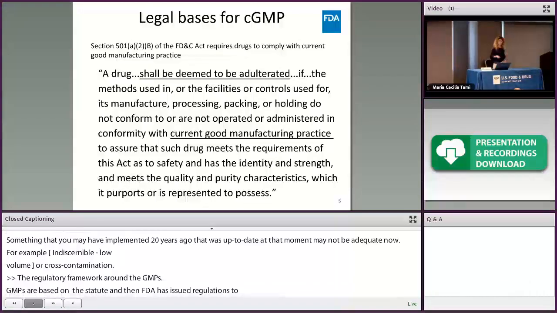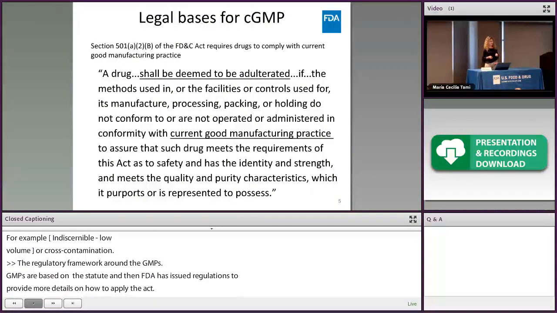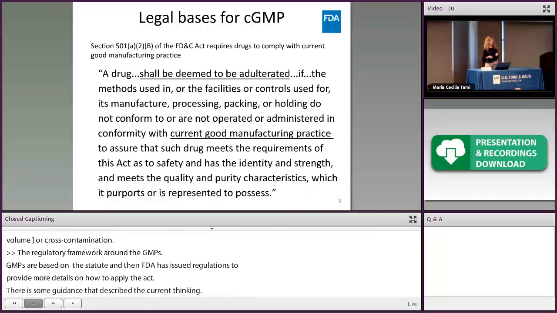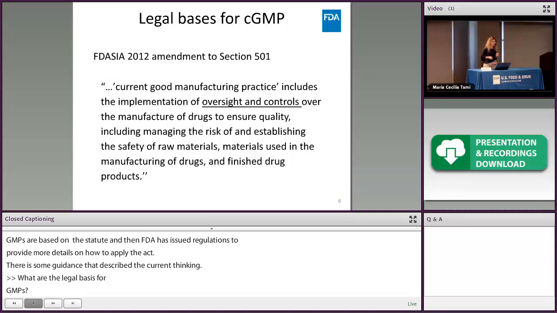So what are the legal bases for GMPs? Section 501 of the Food, Drug, and Cosmetic Act requires that drugs are compliant with GMPs, and basically a drug shall be deemed adulterated if the methods, the facilities, the controls, the manufacture, the processing, the packing, all the operations around that drug do not conform with current good manufacturing practices.